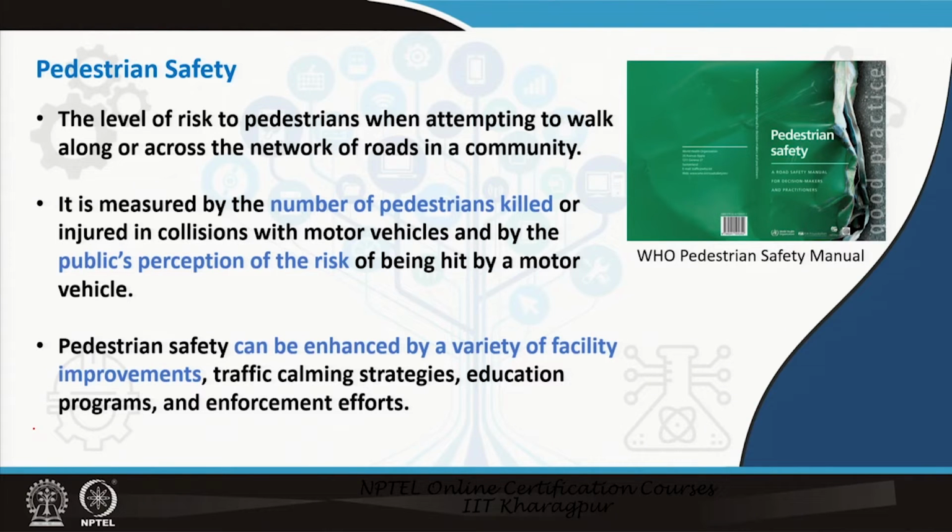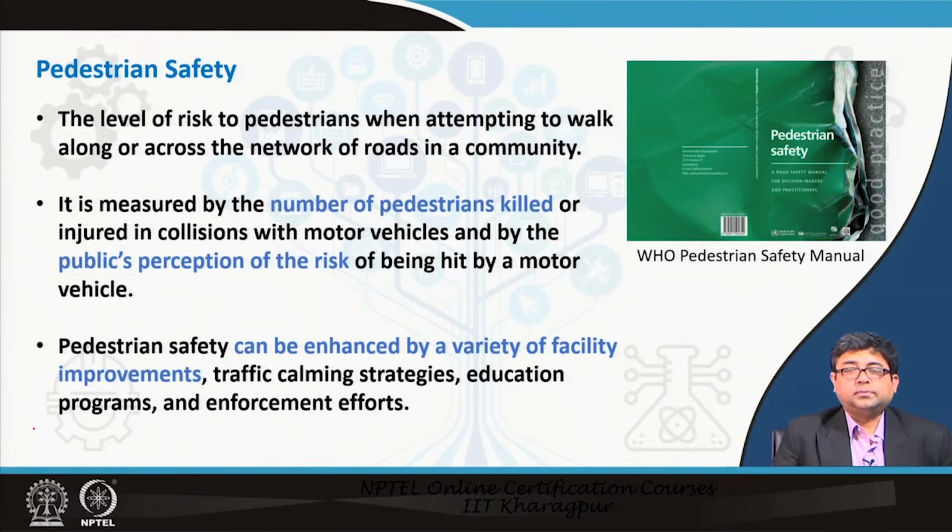Now, when we talk about pedestrian safety, what essentially we are trying to say is the level of risk that pedestrians face when attempting to walk along or cross any network of roads in a community. So, what are the different kinds of risks that one may face?